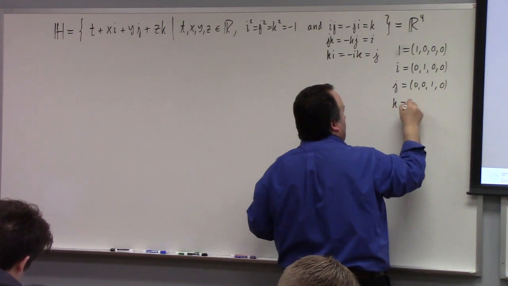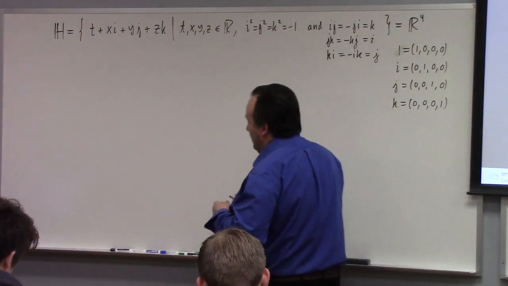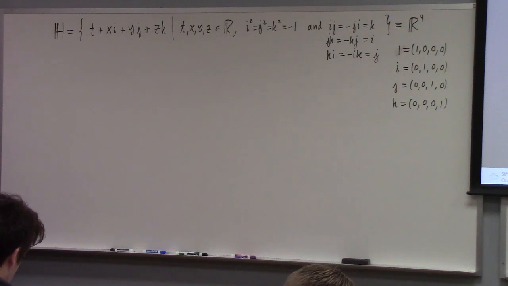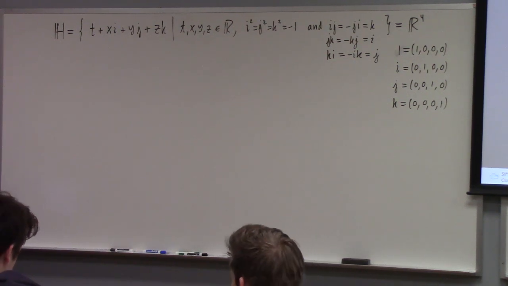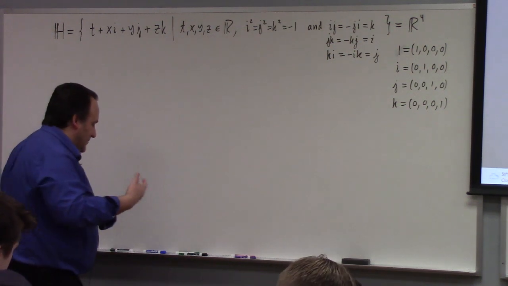And the k as being 0, 0, 0, 1. So the point is, if you have 2 quaternions, they're only equal if they're matching in the real, the imaginary, the imaginary, and the comaginary parts. Those I just made up. I don't know the official quaternionic language. I'm not part of that cult.